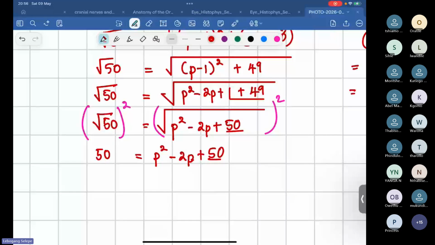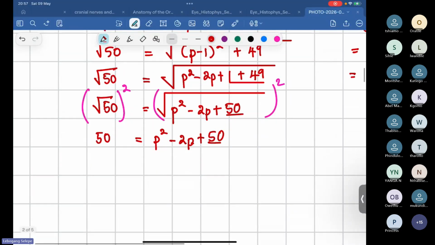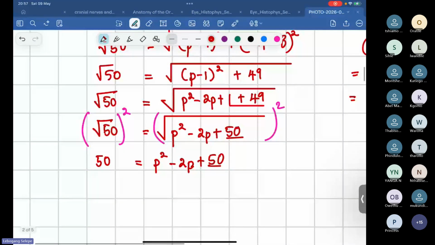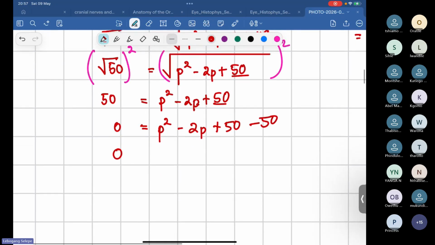Right. And then now we are going to simplify by taking everything to one side. So this is going to be 0 is equal to p squared minus 2p plus 50 minus 50. And then 0 is equal to p squared minus 2p, because the two 50s are going to cancel each other, because one is positive, one is negative.